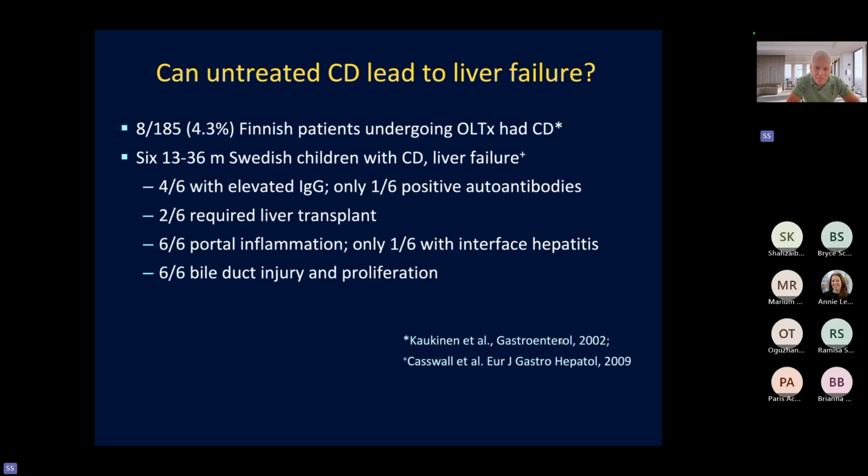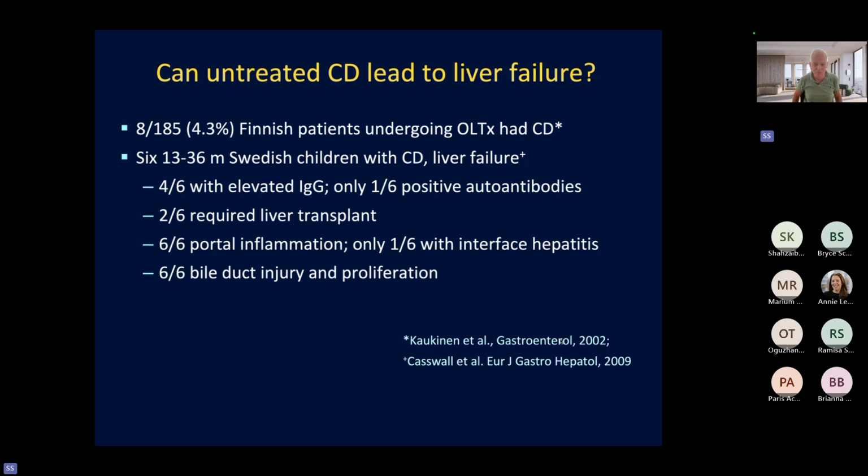Interestingly, 8 of 185 Finnish patients undergoing liver transplantation had celiac disease. 6 Swedish children aged 13 to 36 months with celiac disease had liver failure. 4 to 6 had elevated IgG, but only 1 out of 6 had positive autoantibodies. A third of them required transplant.